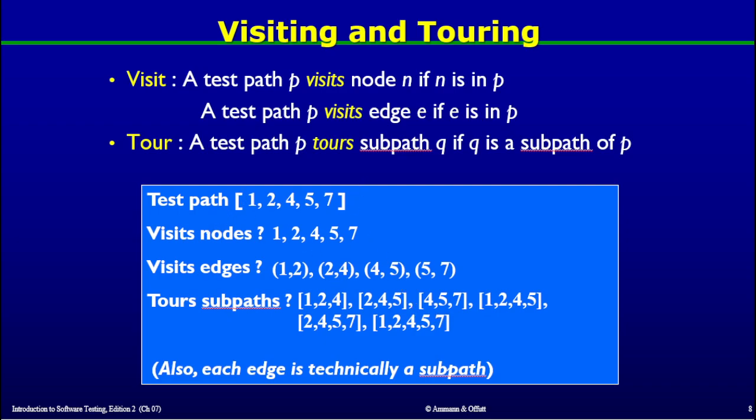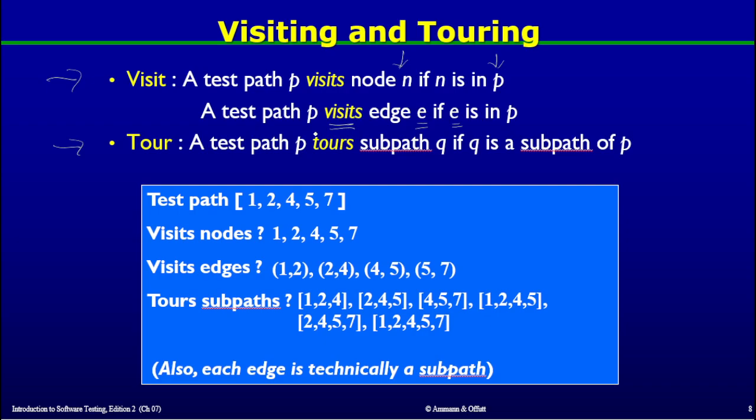Two more definitions are of a visit and a tour. And what do we mean by a visit, and what do we mean by a tour? So when a test path P visits some node N in the graph, then we say that N is in P, and in other terms we can say that test path P visits the node N. In the same way, if a test path P visits some edge E in the graph, then we say that E is in P and E is visited by this test path.